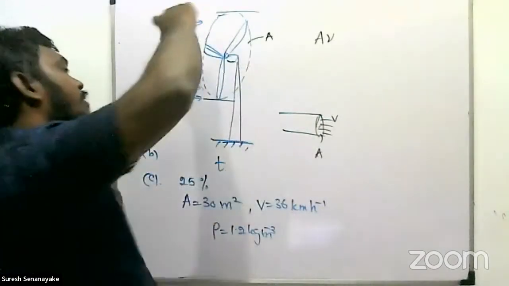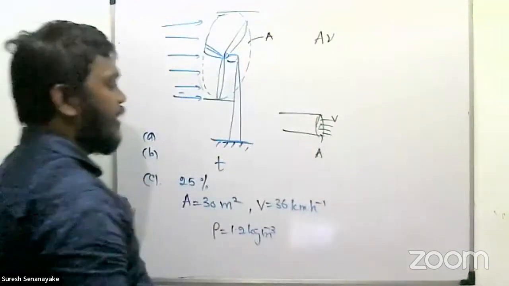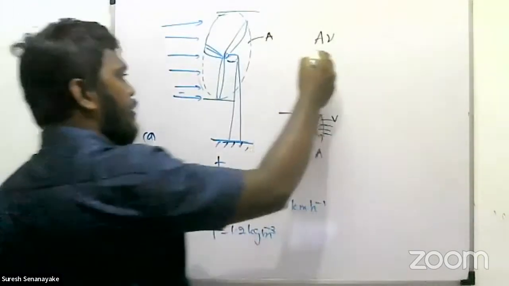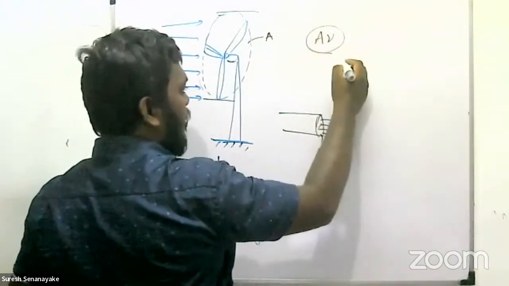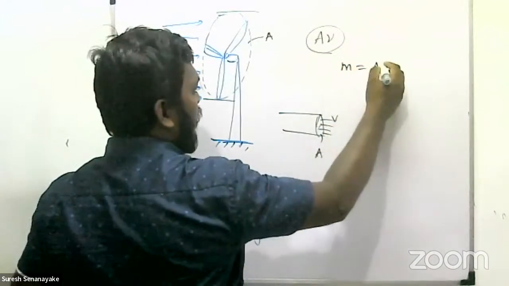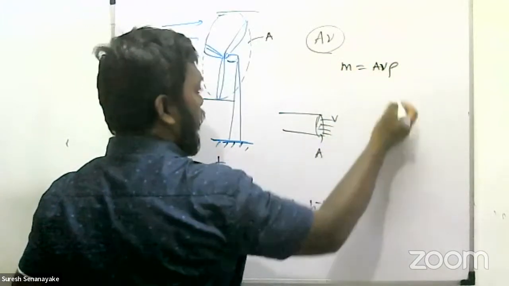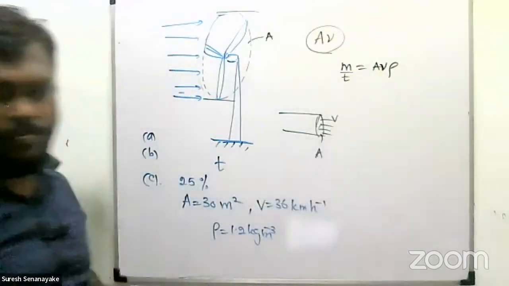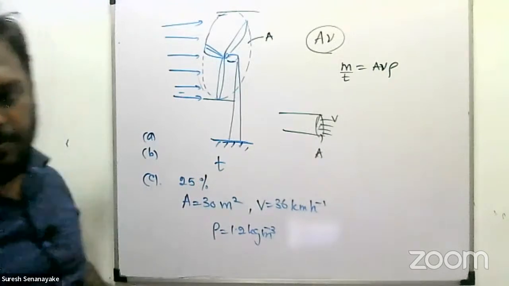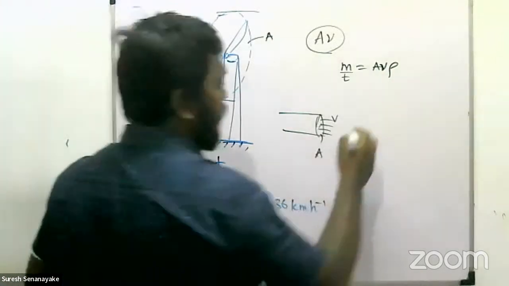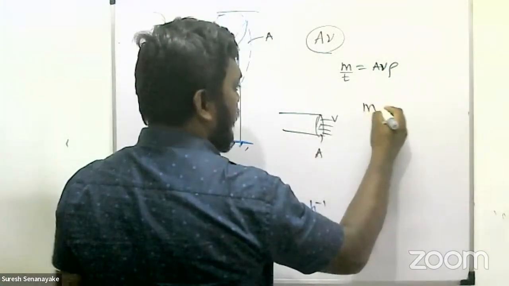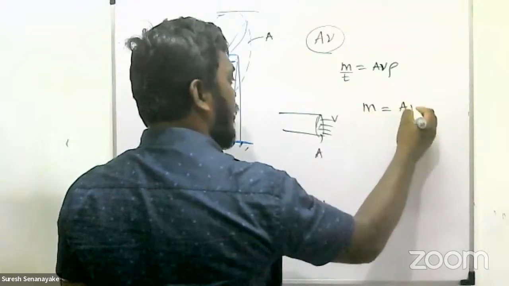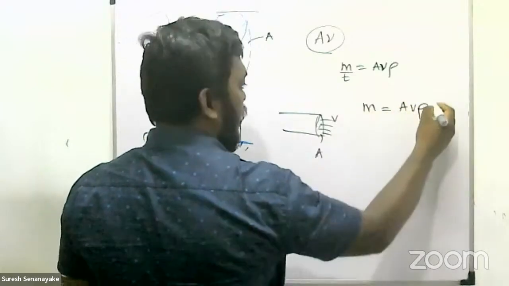So you can write the mass as A rho V per unit time, that's the rate of change of mass, the mass flowing through this area per unit time. And then the mass flowing at time t is A rho V t.